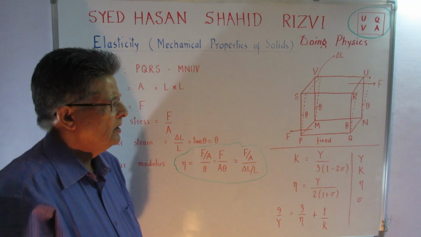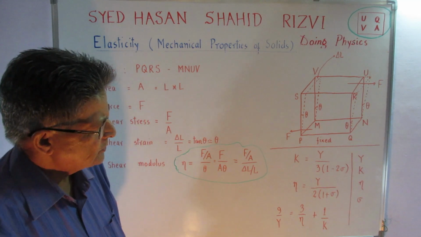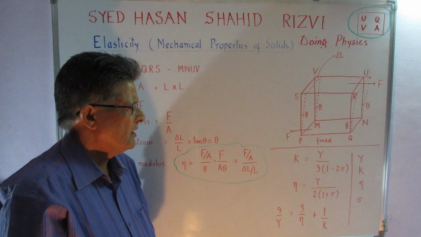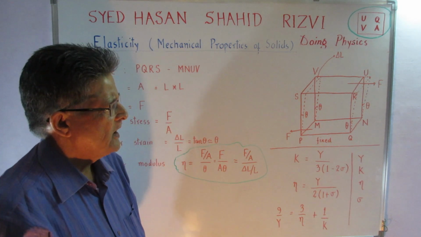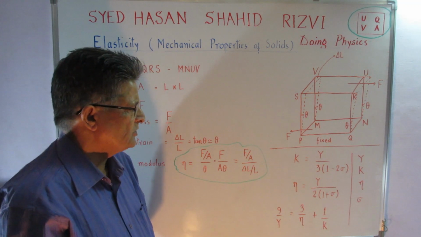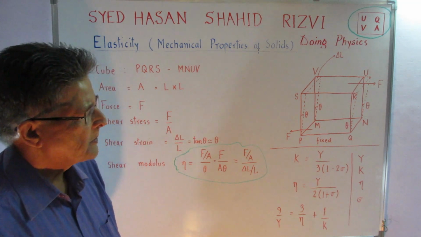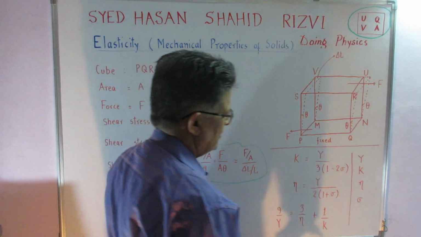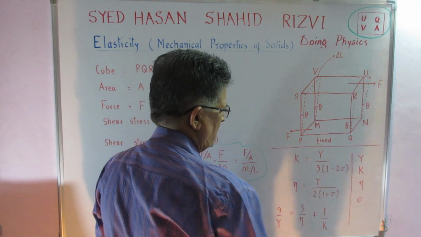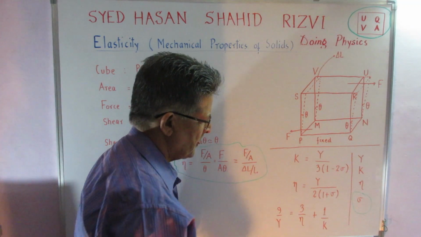As I told you, solids are made up of atoms and molecules. So if the microscopic theory is applied, then of course we can derive these formulae, and they are in consonance with the formulae that we obtain over there. So we have a set of four things, Y, K and eta, and then the Poisson's ratio sigma.